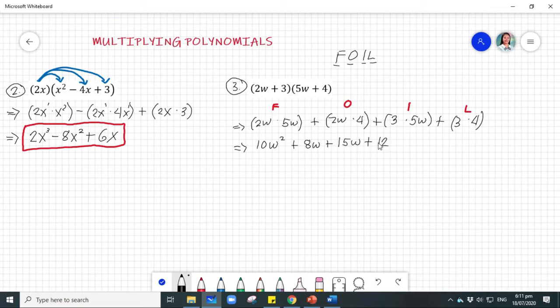This time, you are going to simplify the expression and combine like terms. And the like terms here are 8w and 15w. So you're going to add them together. So it will become 10w squared plus 23w plus 12. And that is now our answer.